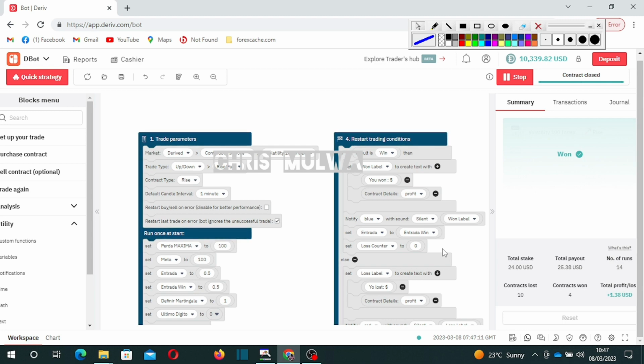Warning. So we are moving. You can see the win rate is a little bit low, even though we are still on profit. The win rate is a little low, less than 50%.